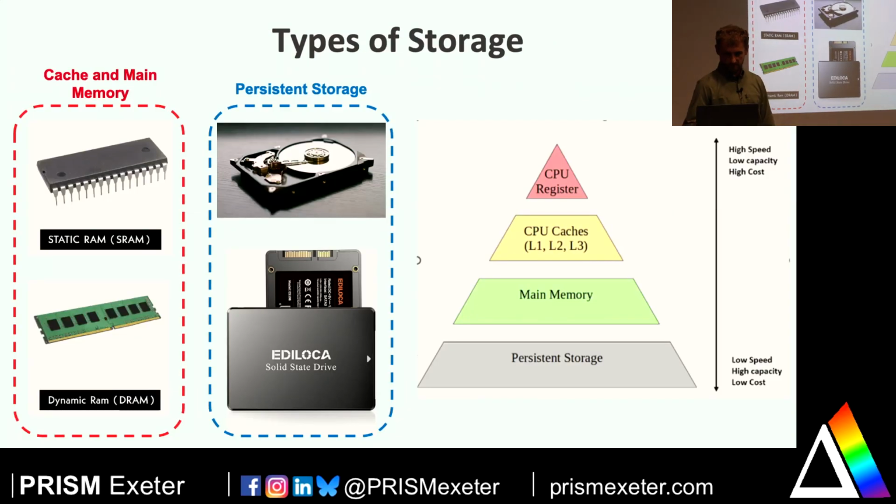I now just wanted to briefly talk about some of the main types of memory devices. I broke it down into two categories. One is very short-term storage, the one on the left here in red: the cache and the main memory. This is very short-term data storage that supports the actual running of the computer.